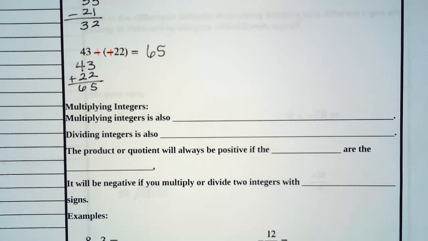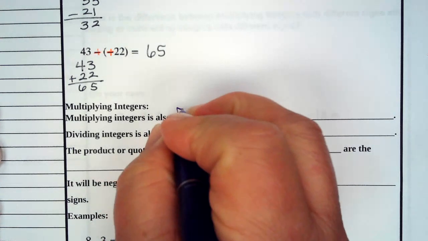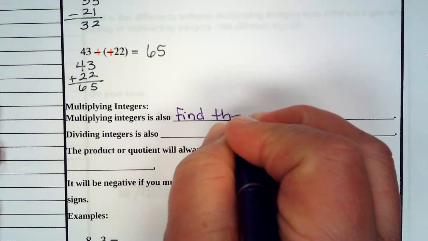Okay, multiplying integers is also what? What is another way we talk about multiplication? Finding the what?